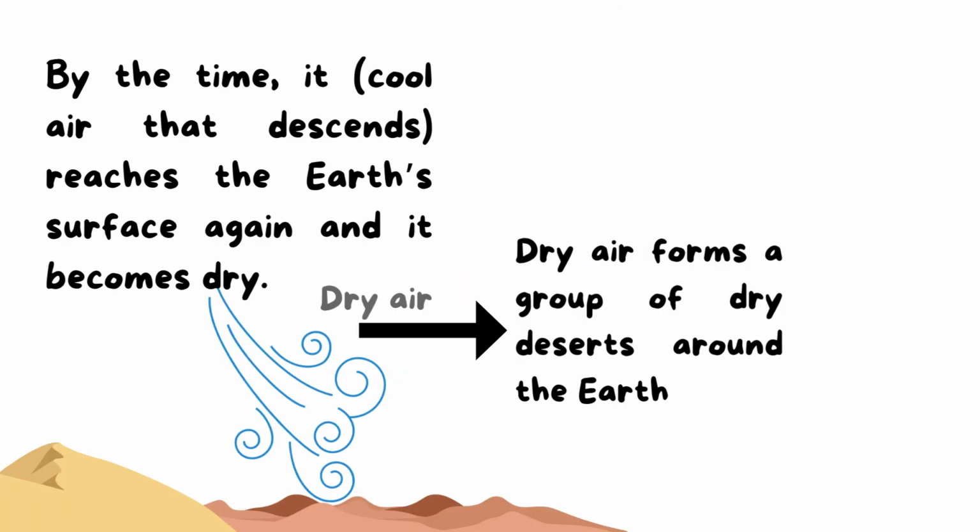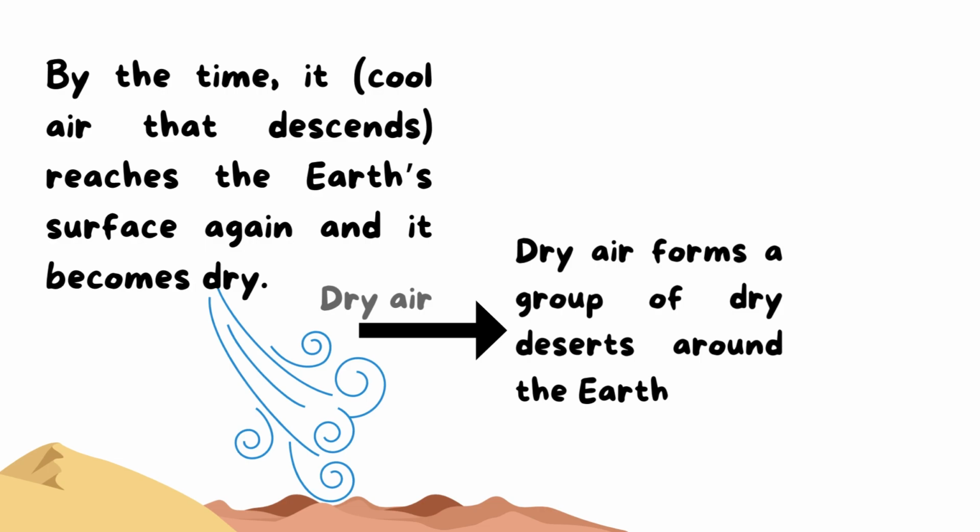By the time it reaches the Earth's surface again, it becomes dry because it has no water vapor. So the dry air forms a group of dry deserts around the Earth, and this is why there are large areas of deserts, as we mentioned in the last lesson.